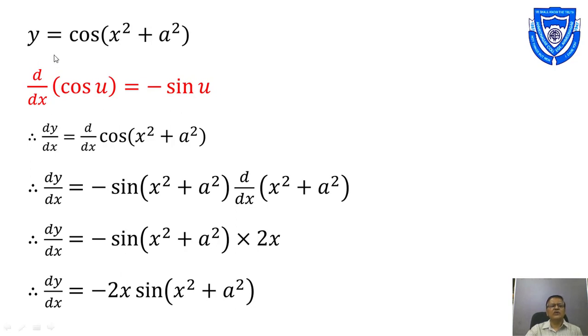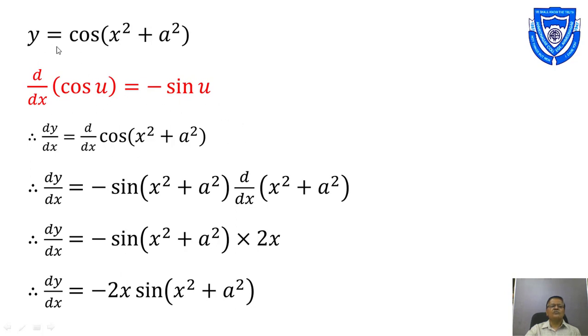This is also simple. The function is y is equal to cos of (x square plus a square). The derivative of the cosine function is minus sine. Derivative of cos u is minus sin u.